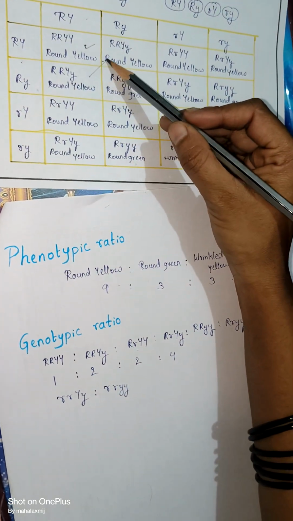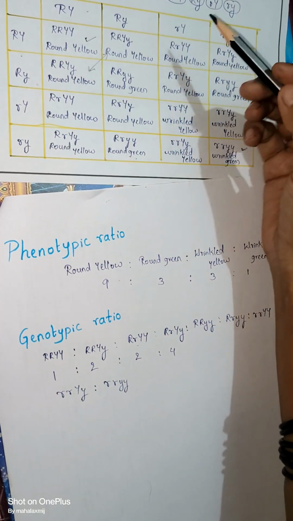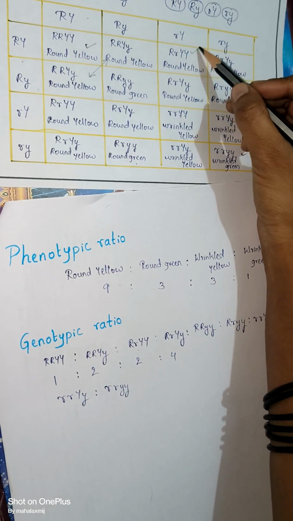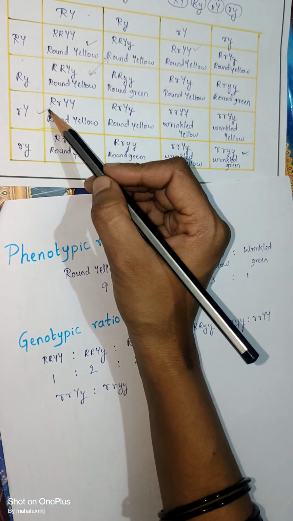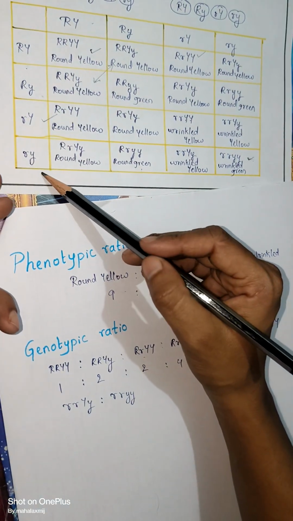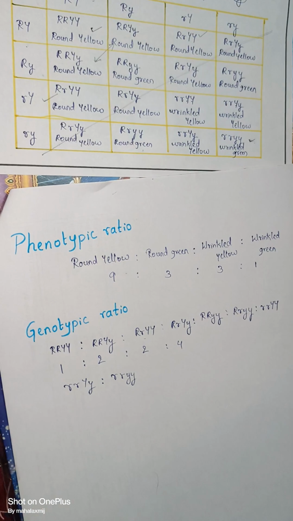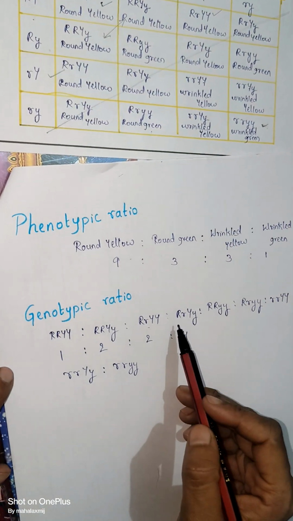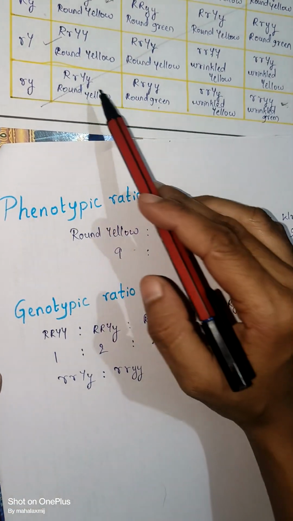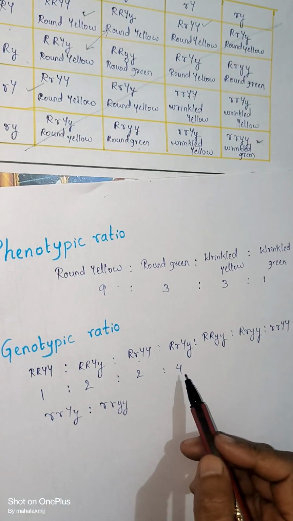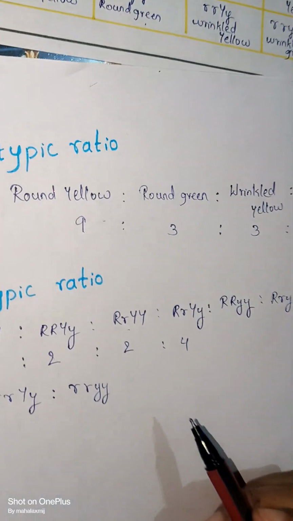Then these two are similar. Then the third box and the third box here are similar. And this complete line is of the same gametes. So we come to the conclusion that capital R, capital Y, small y, this whole line is having that. So there are 4 of this kind of genes.